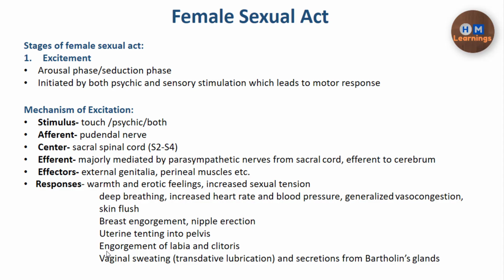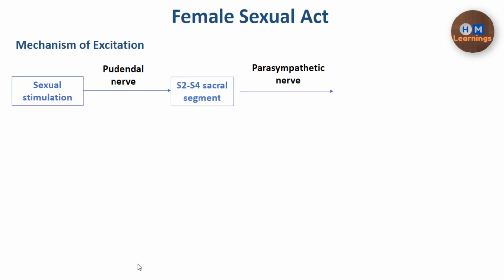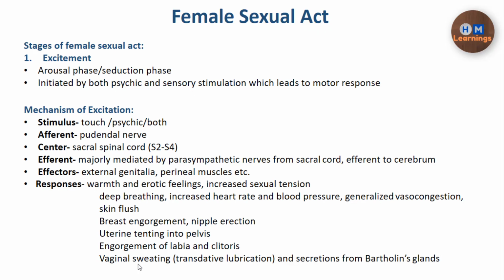In the male also there is engorgement of the penile erectile tissue, and also an increase in mucus production by the urethral glands in the male, leading to lubrication. That's why I said you should watch this video and the male sexual act video also, to have a holistic understanding.